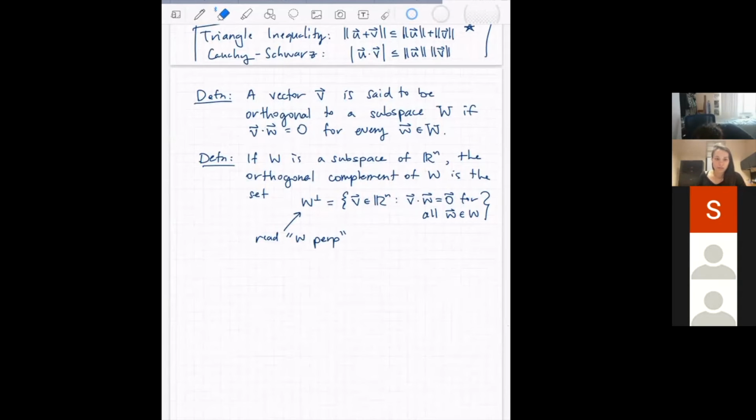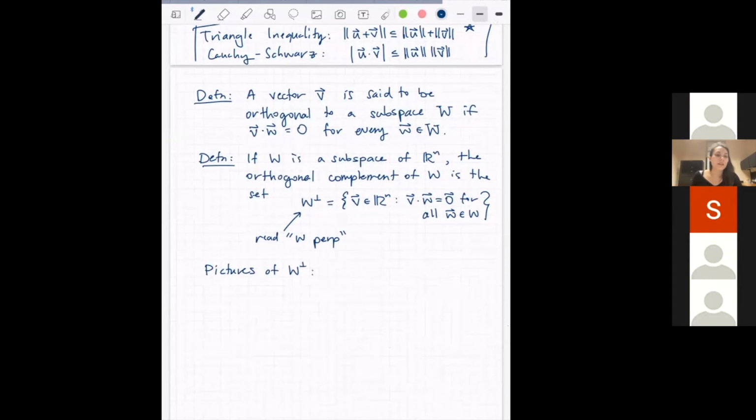And maybe let's have some pictures of what this looks like in R2 and R3, which might help us understand what this is saying. So in R2, a non-trivial subspace would have to be a line, right? Otherwise we would have just 0 or the whole space.